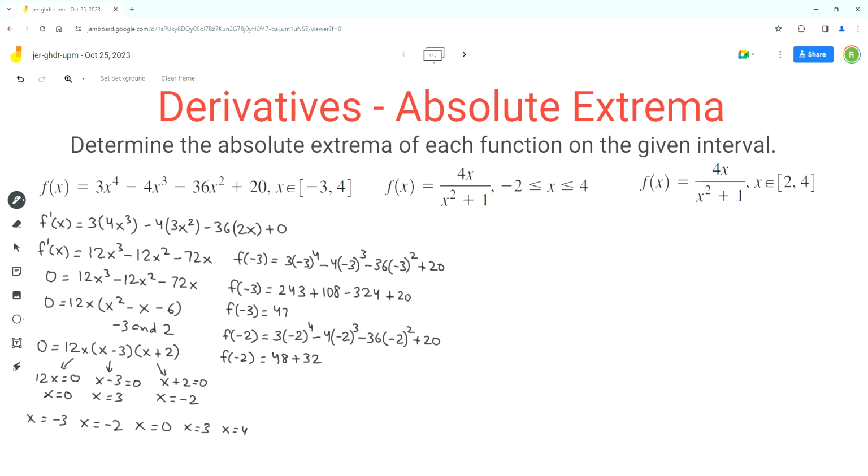And then -36 times -2 squared is equal to -144. And then plus 20. So now we can combine these terms. So f at -2: we do 48 plus 32 minus 144 plus 20, which is equal to -44.